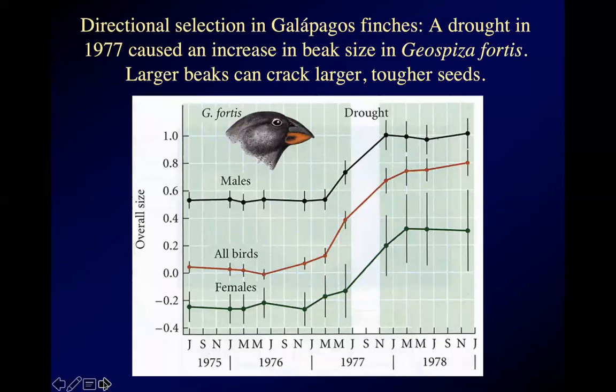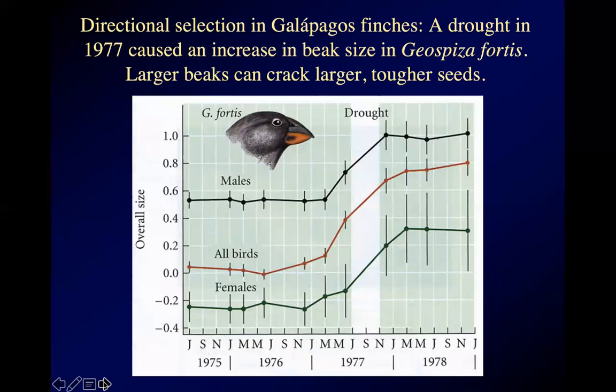So you could take one beak and measure length of the upper part, width of the upper part, height of the upper, length of the lower, width of the lower, height of the lower, maybe some more things. So that gives you 6 numbers, and you can't plot all 6 numbers at once because it's hard to find 6-dimensional graph paper these days.